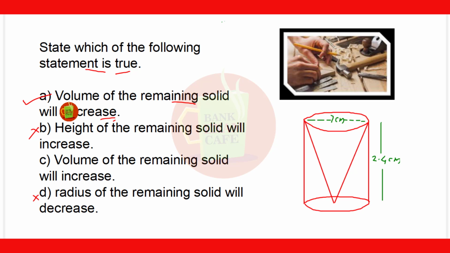That will be the correct statement. Because this conical portion is carved out of the cylinder, whatever be the volume of this cone, that much volume is decreased from the original cylinder. Now let us move to the second question.